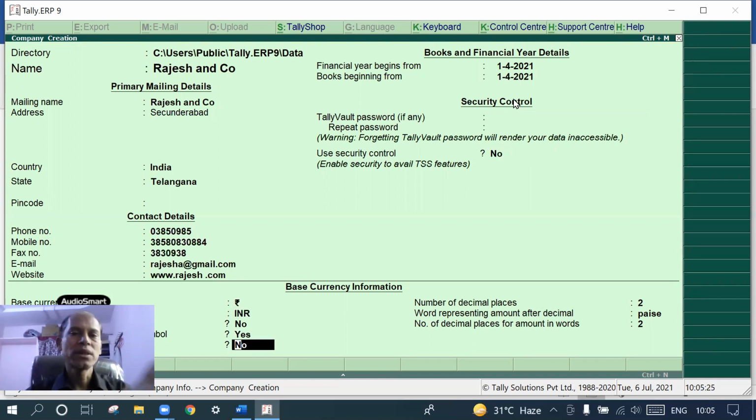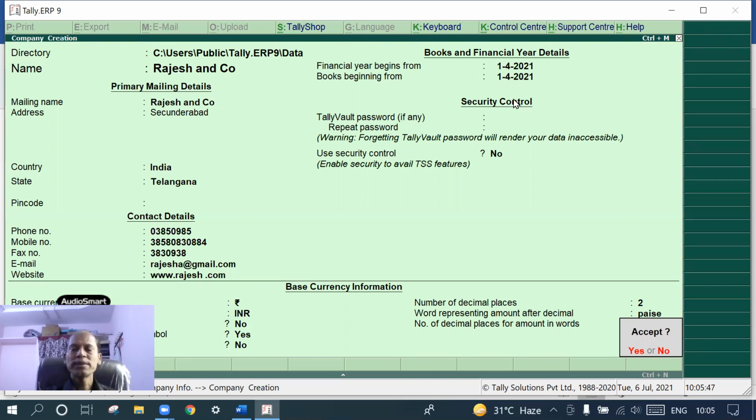Already we have discussed all these things earlier in the 4 classes. I think we have explained the creation of the company in detail. And we are going to save this company on the name of Rajesh and Company. Accept.